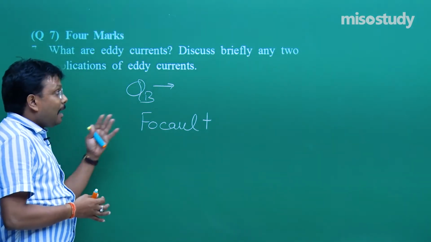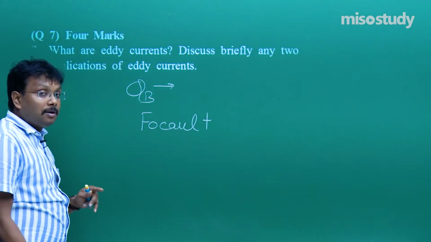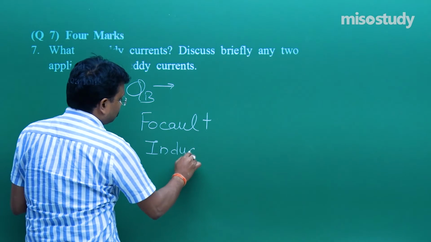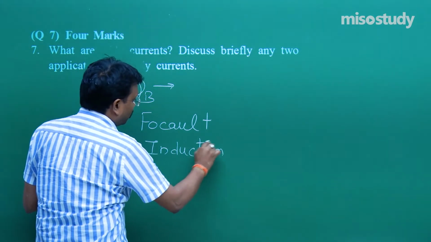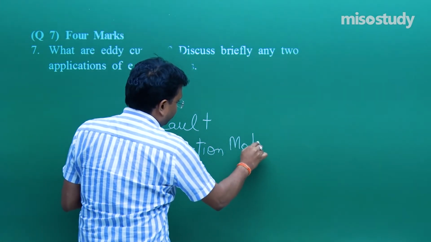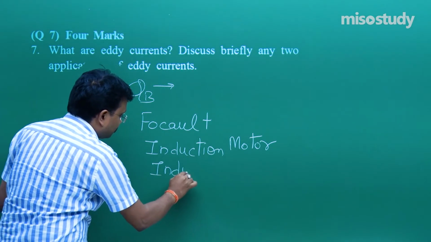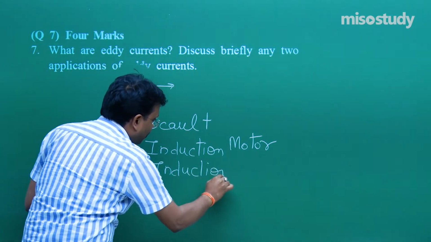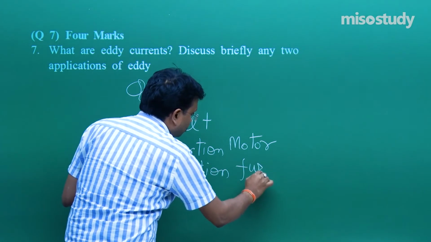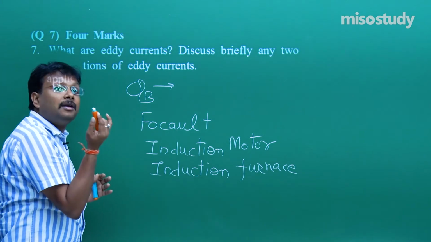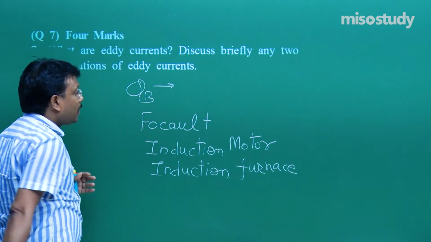Fine. In applications you can mention the induction motor, then the induction furnace, then brakes in rails, that I also mentioned.